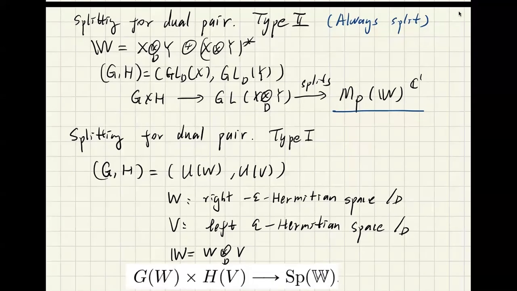So for the type 2 case, the answer is yes, because the dual pair is like G and H, this is GL(D,X) and GL(D,Y). So GL(D,X) and GL(D,Y) can be considered as a subgroup inside GL of X tensor Y. So recall that our symplectic space is X tensor Y plus X tensor Y dual. So X tensor Y and X tensor Y star are both totally isotropic.